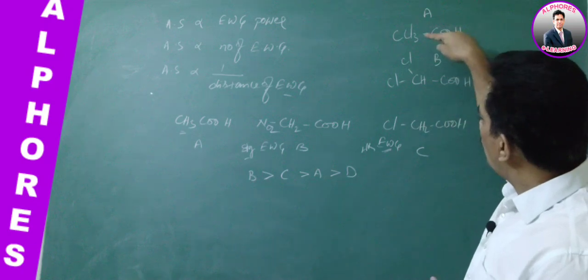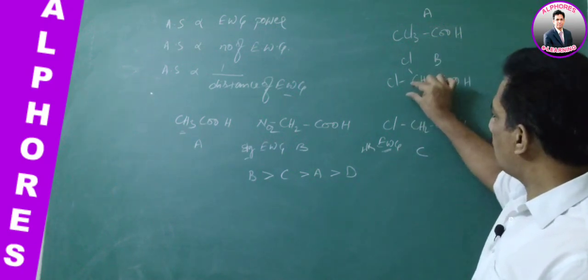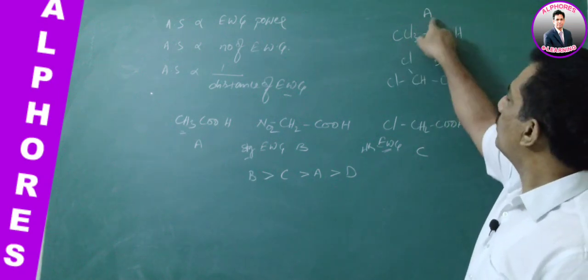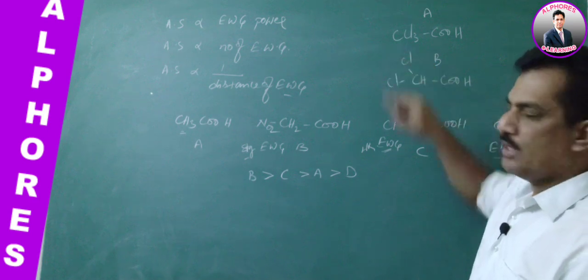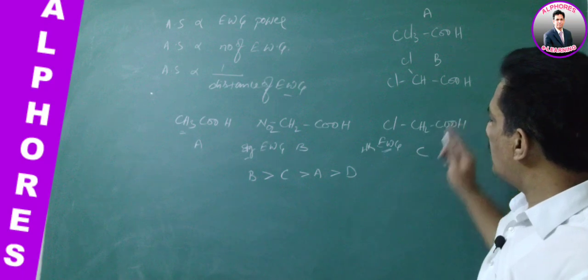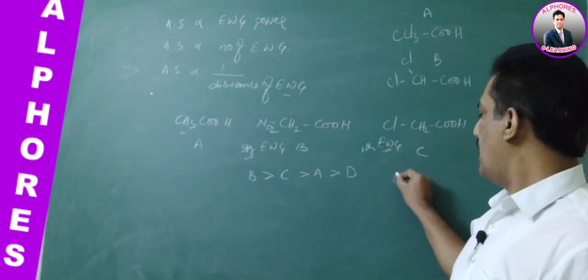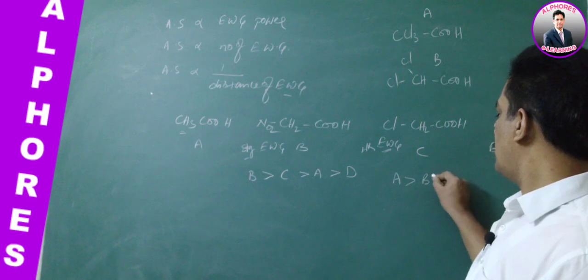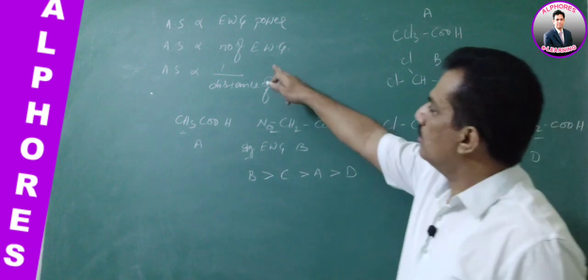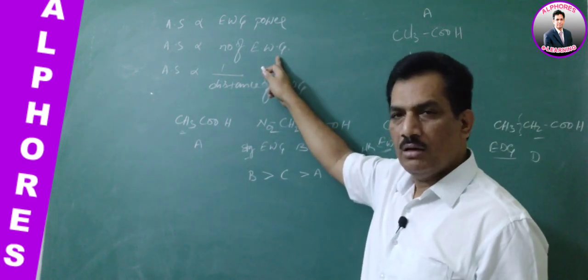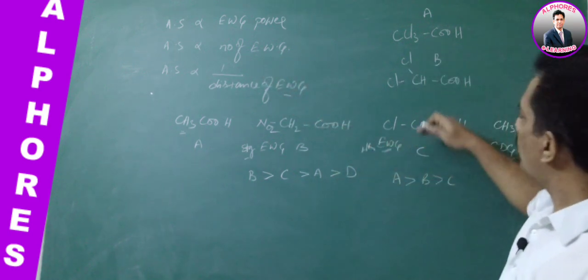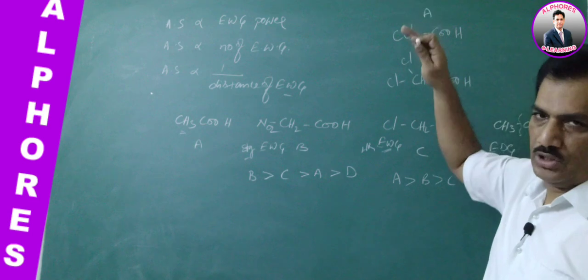Three electron withdrawing groups are present on A and two on B, compared to C. So the acidic strength order is A greater than B greater than C. Why? Because acidic strength is directly related to the number of electron withdrawing groups. The more withdrawing groups, the more the acidic strength.